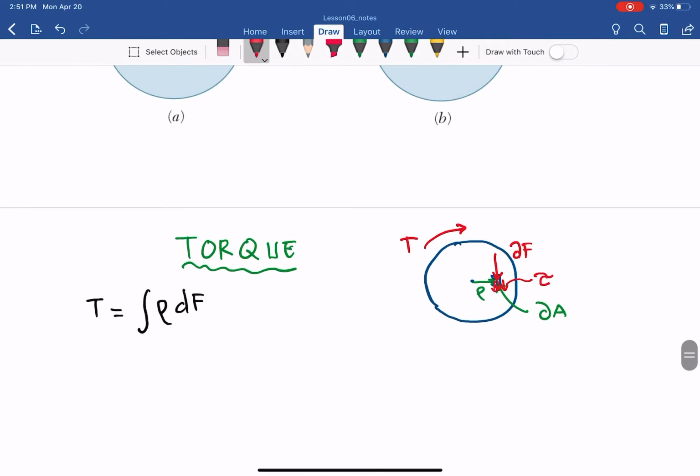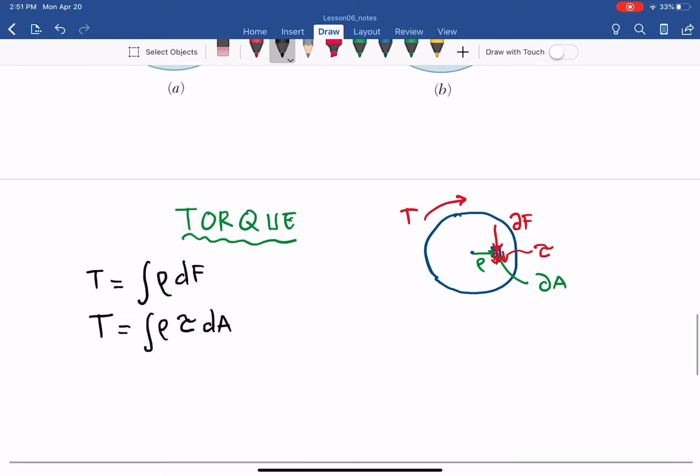From that we can replace dF with tau times delta A, because the shear stress equals shear force divided by the area. So to find the force, we say the area times the shear stress. So the torsion T equals the integral of rho tau dA, the area dA.